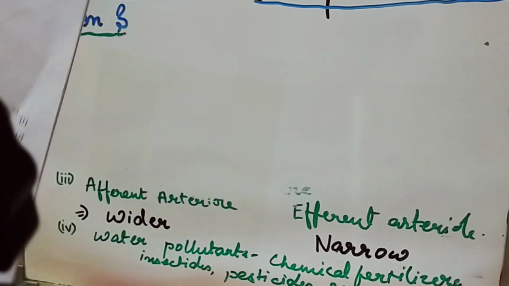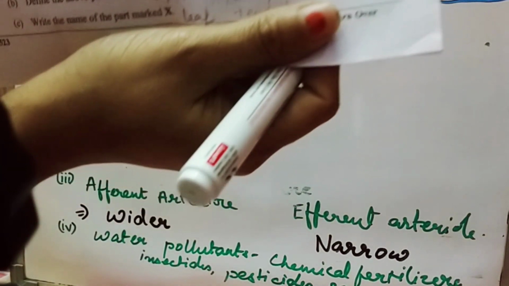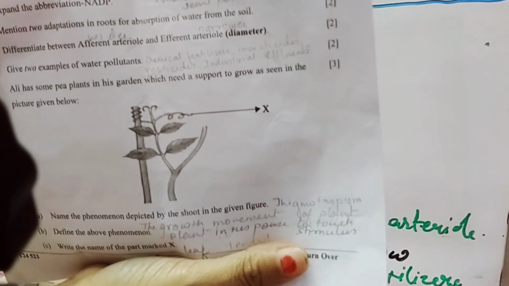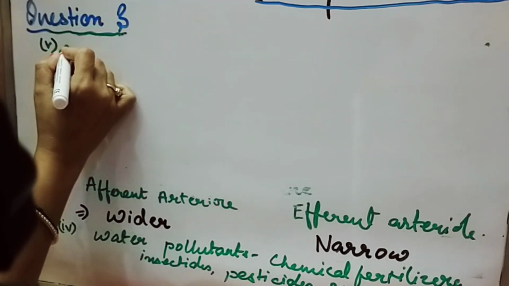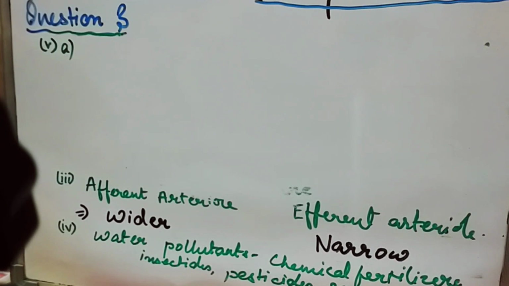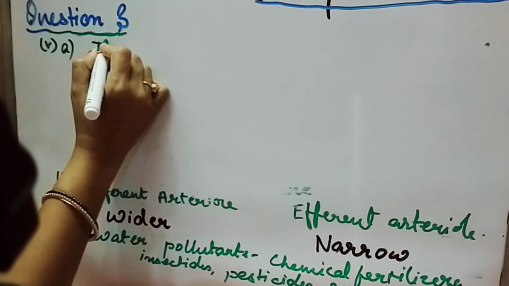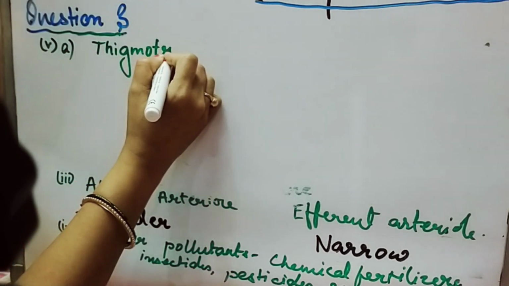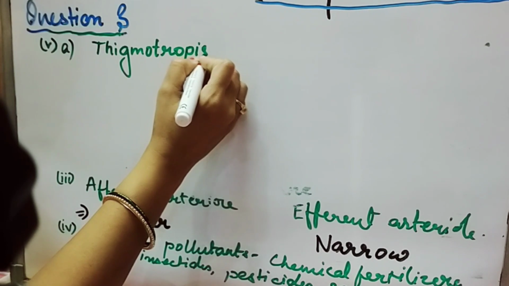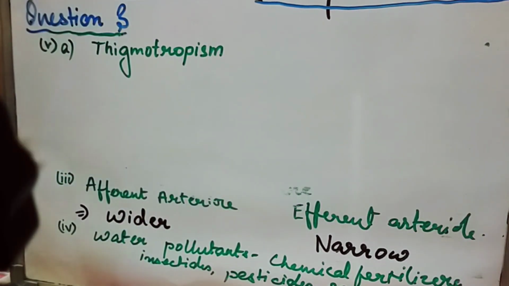So this is the picture. The answer for subpart A. Name the phenomenon depicted by the shoot in the given figure. That is thigmotropism.